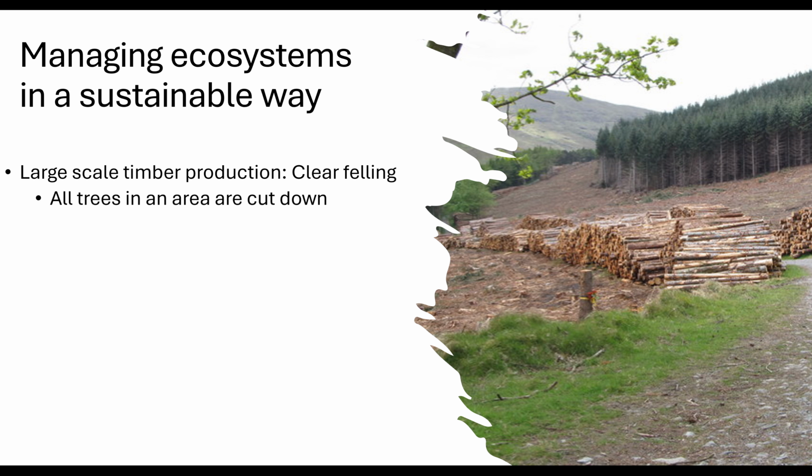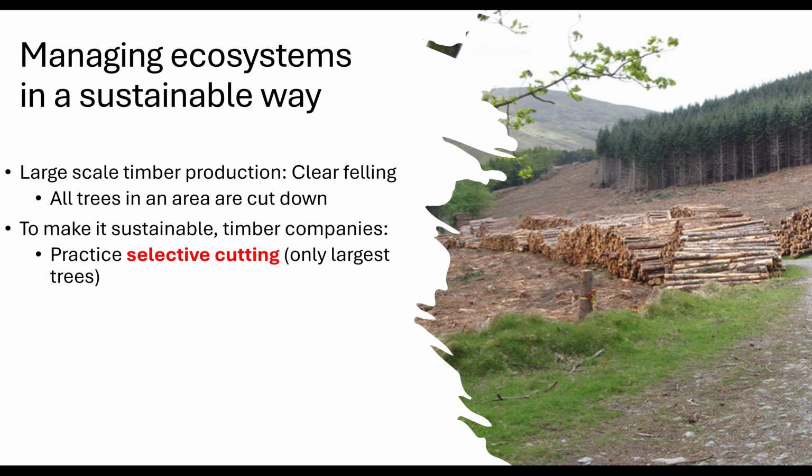So to make this sustainable, because that's what we're talking about, managing ecosystems in a sustainable way, these timber companies have to do some of the following. They need to practice what's known as selective cutting, only cutting down the largest trees, leaving those that are immature. Now remember, natural flow of succession, we have different levels of biodiversity.